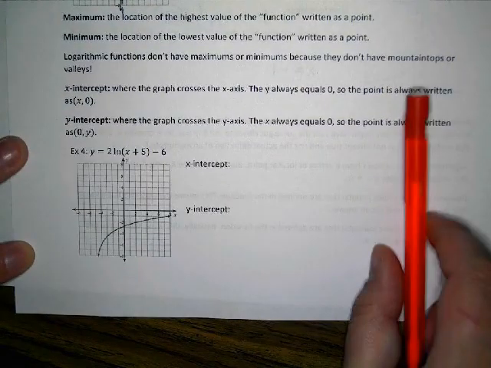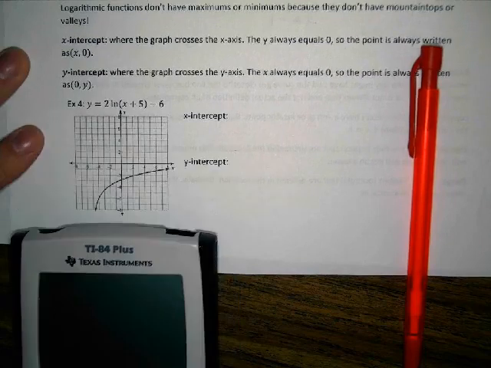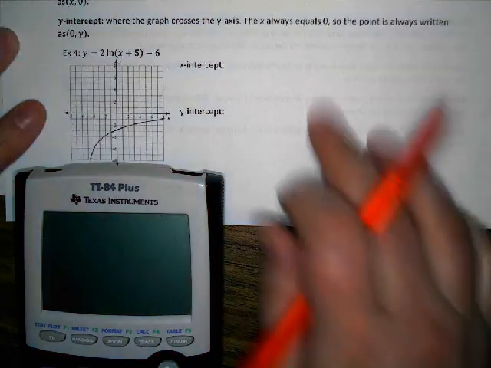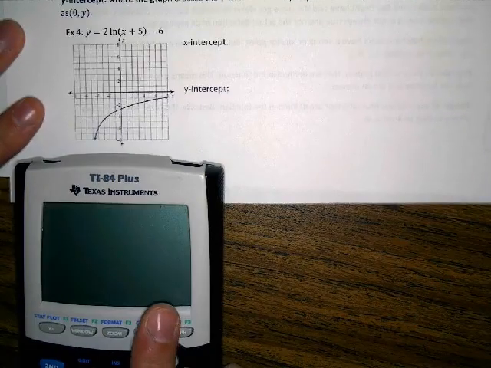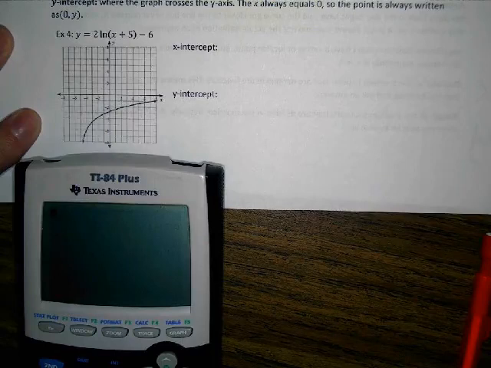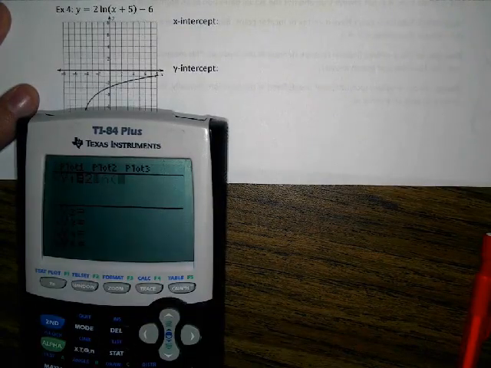2 ln x plus 5 minus 6, and then I'm going to have us graph another one. We're going to use the ln button, x plus 5 minus 6.